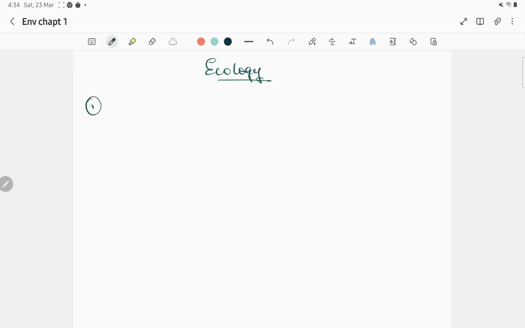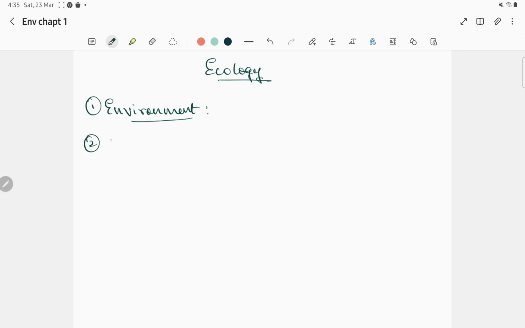The first one is environment. What is environment? We all know it's the natural landscape where all the non-human features or processes take place. In simple terms, environment is what we see around.